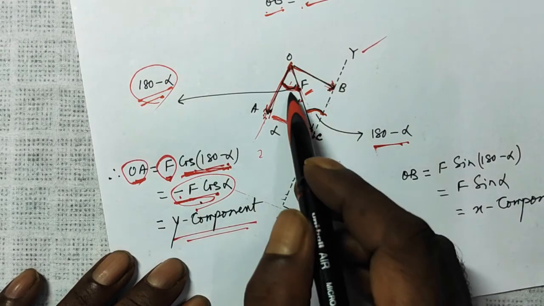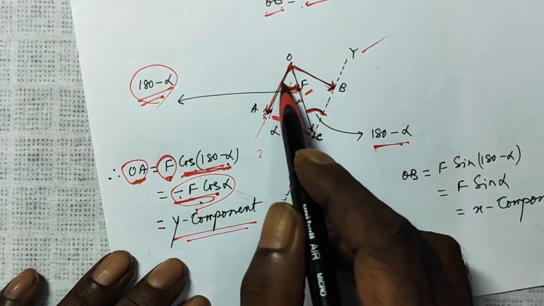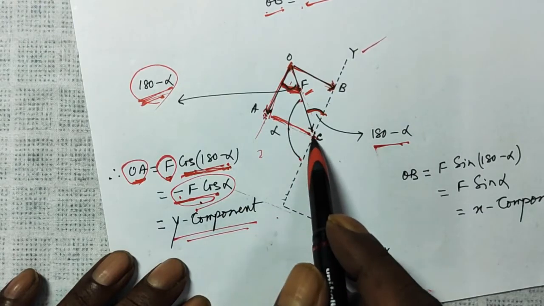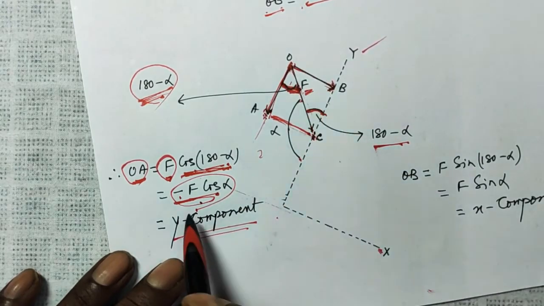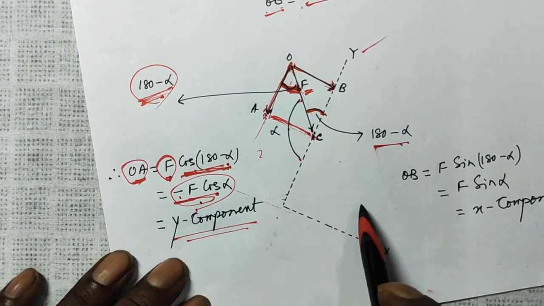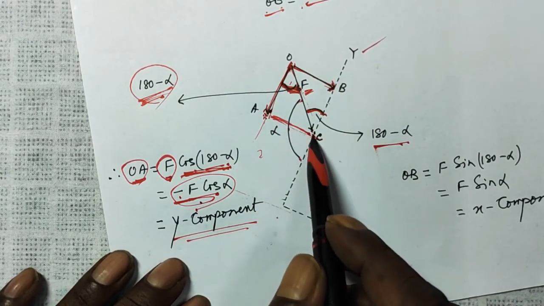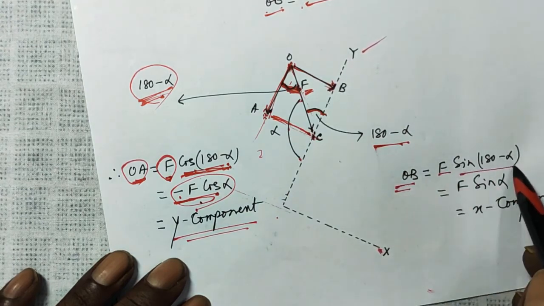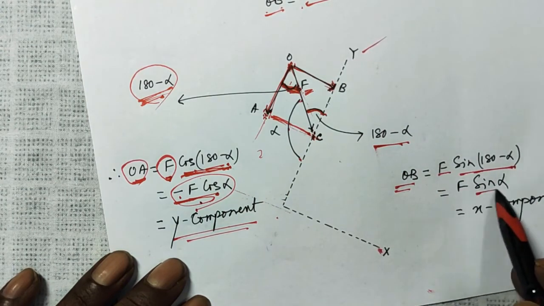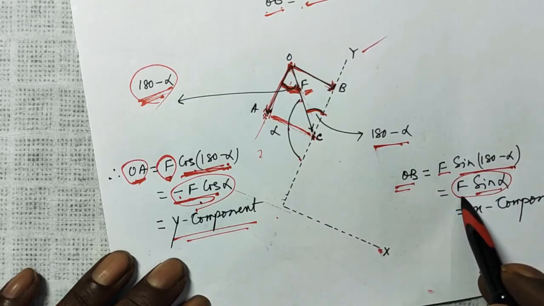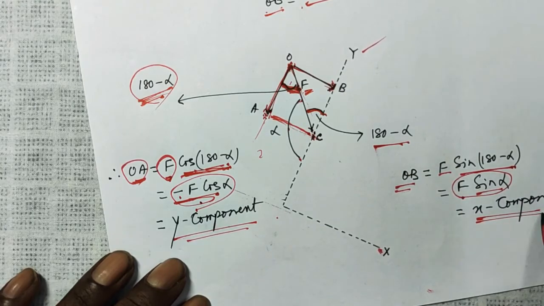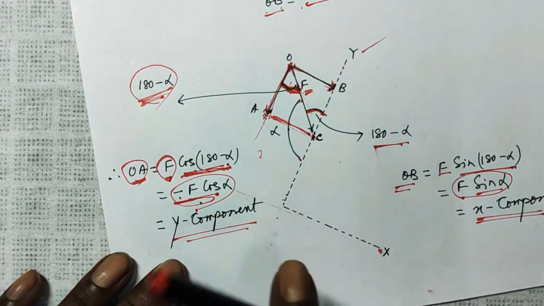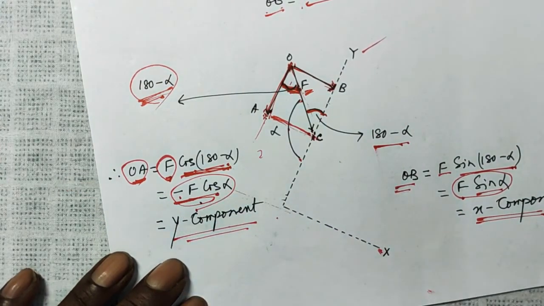So if you take sine alpha, sine of this angle, sine 180 minus alpha will be perpendicular, that is AC over hypotenuse, that is F. And if you cross multiply, you get AC, that is same thing as OB, as F sine 180 minus alpha. Sine 180 minus alpha is sine alpha, and this thing is positive. Therefore, it is along positive x-axis. Look. So your OB is in the direction of a positive x-axis.